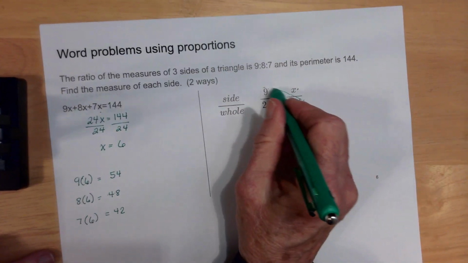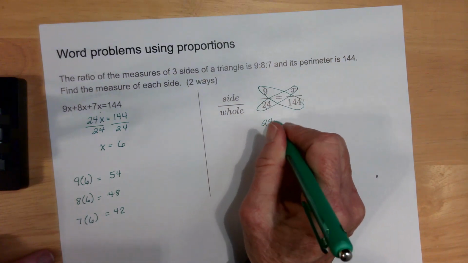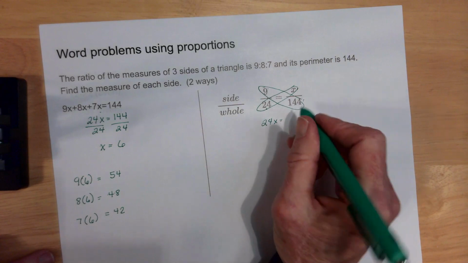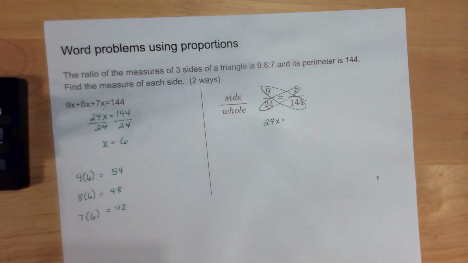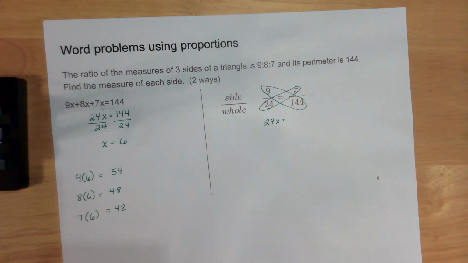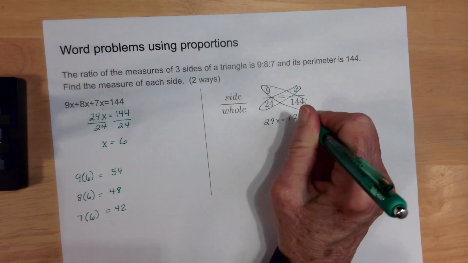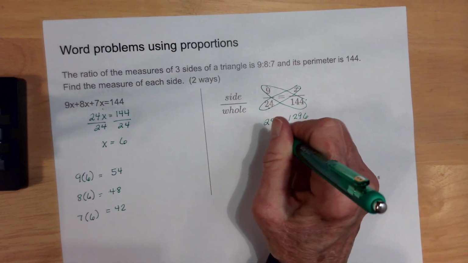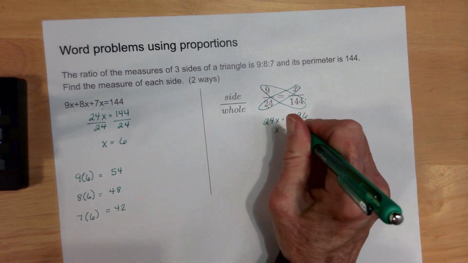So if I do it this way, I'm going to cross product, so I'm going to get 24x is equal to, let's see, 9 times 144, 1,296, so I'll have to divide, and when I divide by the 24, I get a 54.